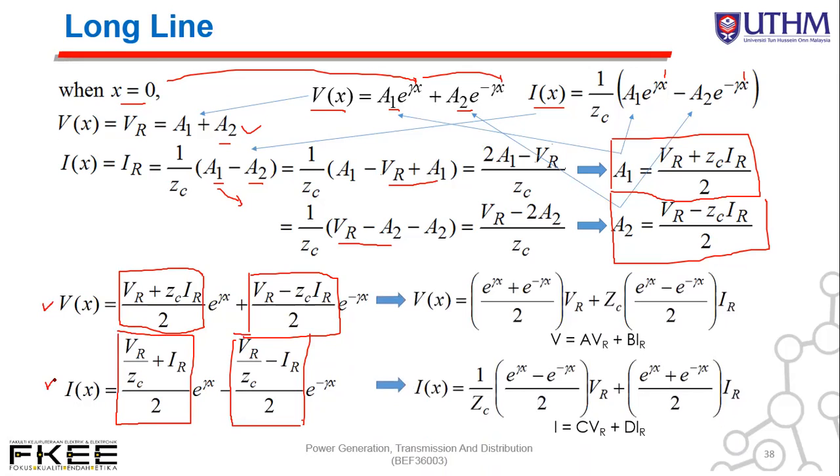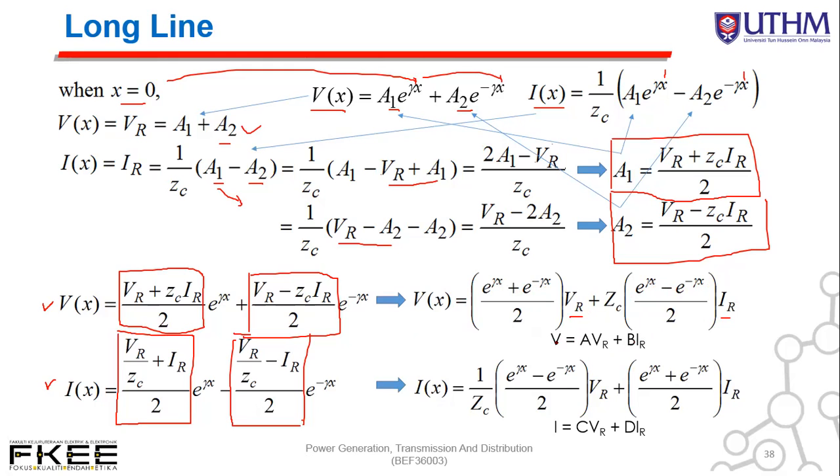Further we simplify by taking out the VR and IR from the voltage, so we can get Vx equal to (e^(γx) plus e^(−γx))/2 times VR, plus Zc (e^(γx) minus e^(−γx))/2 times IR.